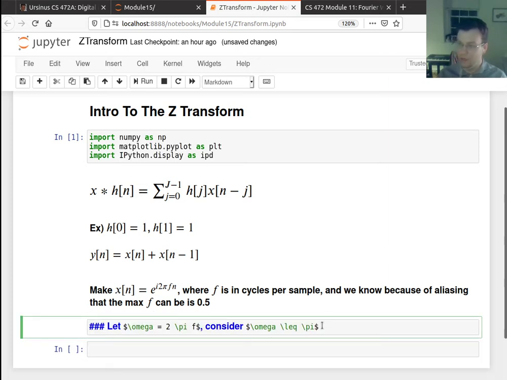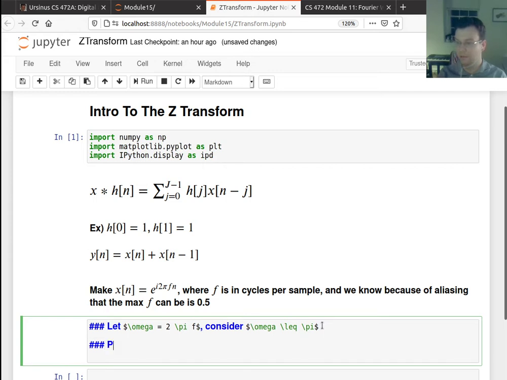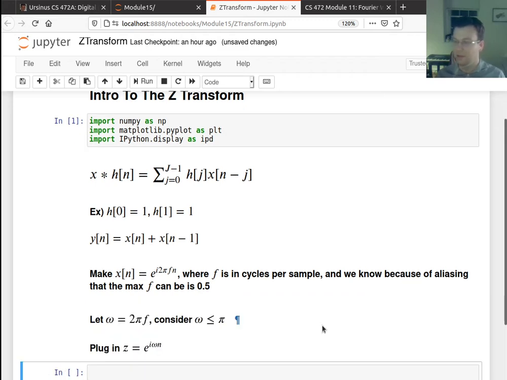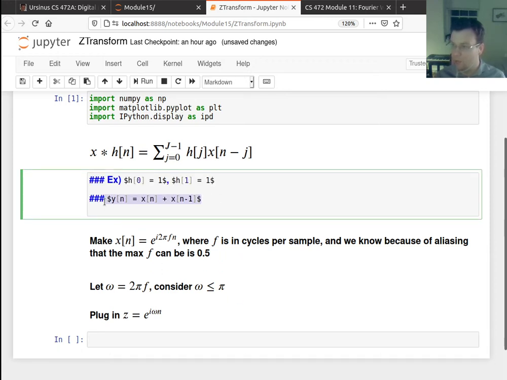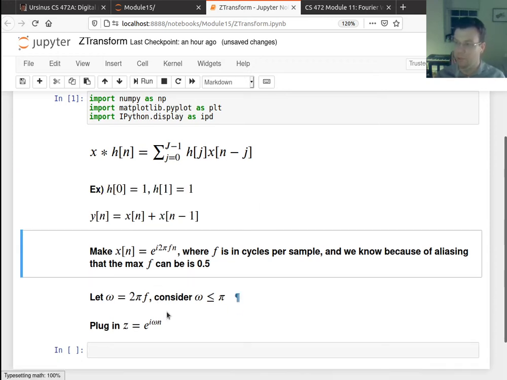So I'll just plug in. We say z is equal to e to the i omega n. That's what we plug in for x. If I plug that into the equation, I had y of n is equal to x of n plus x of n minus 1.